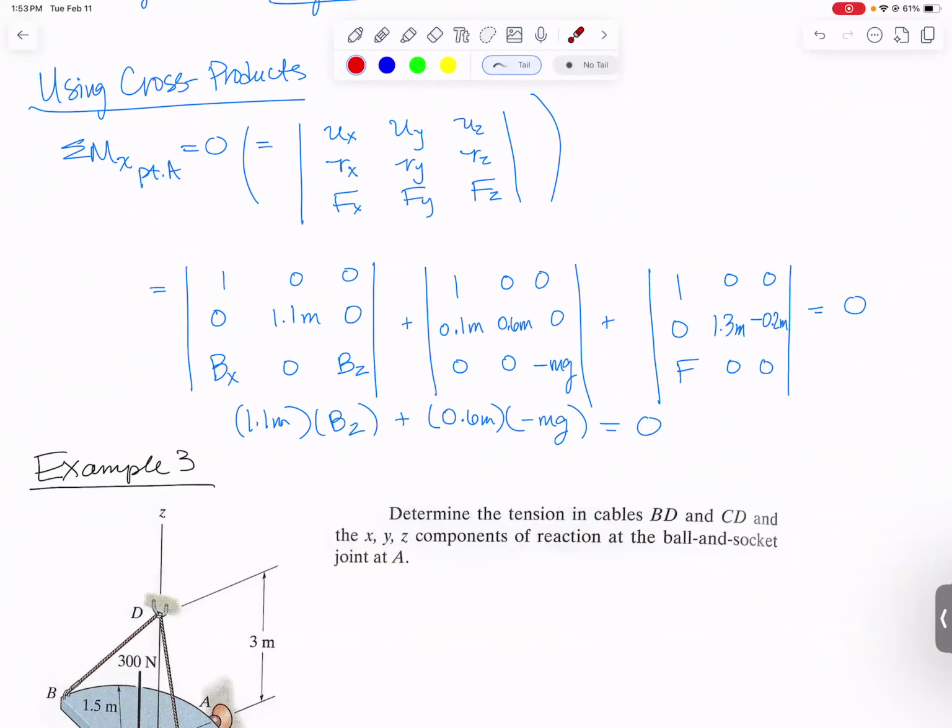All I do is replace this top row with 0, 1, 0. Everything else is exactly the same in the cross product. The distances from A to B, from A to F, and from A to the weight are exactly the same. You just change which axis you're summing moments about by changing that top row and then redo the cross product. All right, so there's an alternate way to help you find the moment equation.